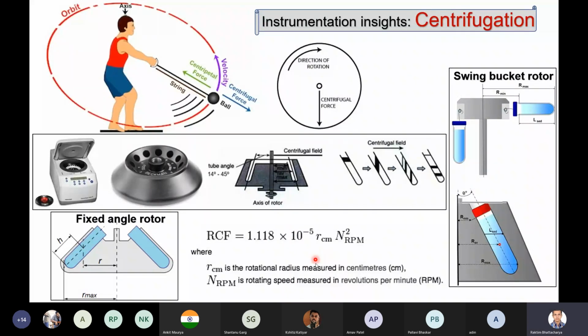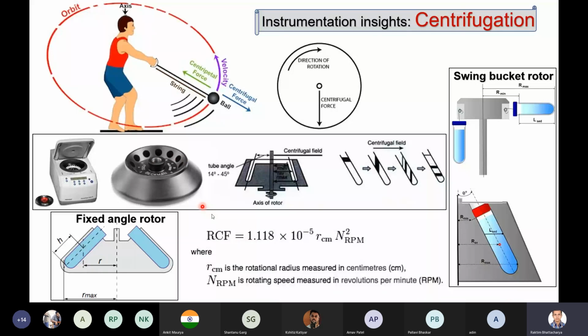Now this equation is very important, RCF, relative centrifugal force. Why am I saying relative? Because the centrifugal force depends on the diameter of the rotor. If the diameter becomes small, the centrifugal force changes.